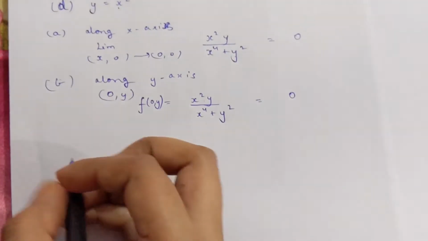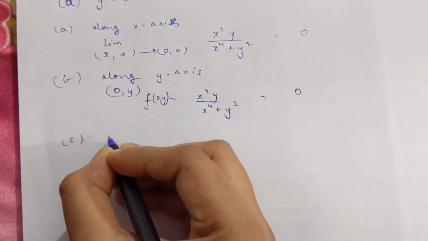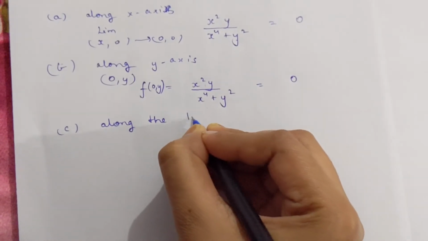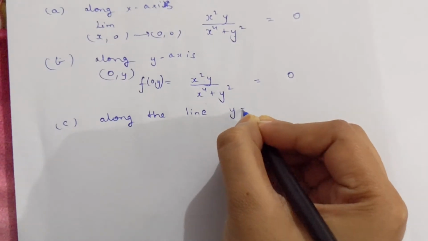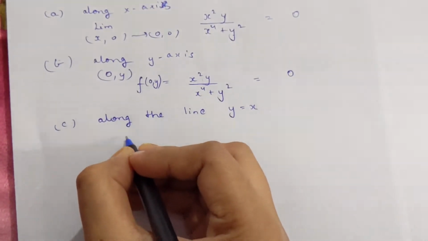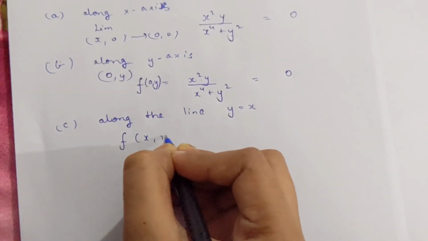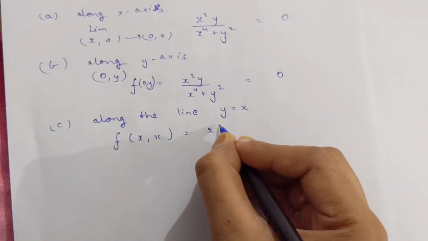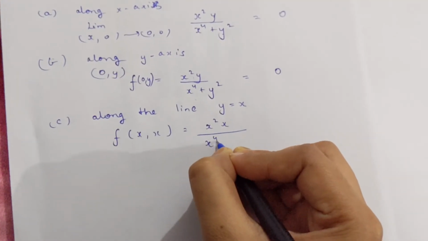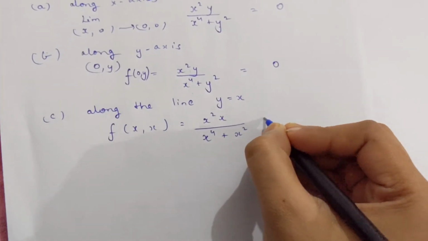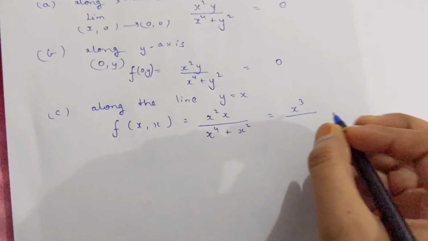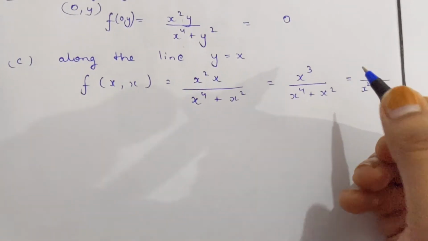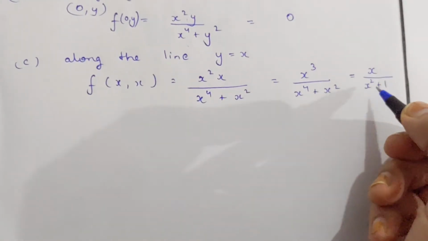Now let's look at the line y is equal to x. We can write it as x comma x, just like we did in the previous example. It's x squared times x, so we will get x cubed over x to the fourth plus x squared.